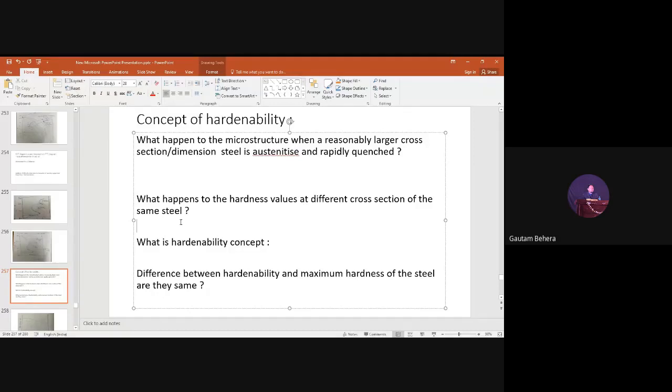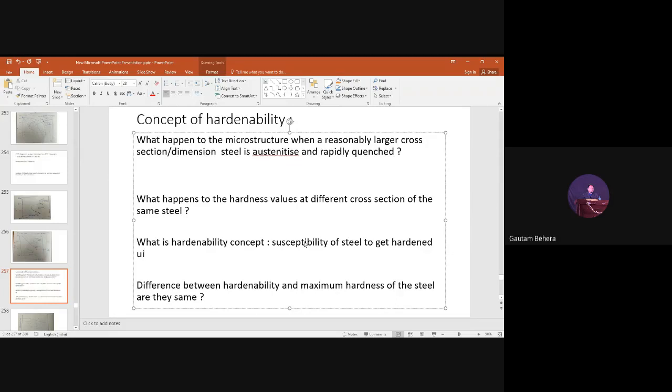Now, due to these things, the hardenability concept is coming into the picture. So what is hardenability? In a simple way, I can say hardenability means susceptibility of steel to get hardened on quenching.